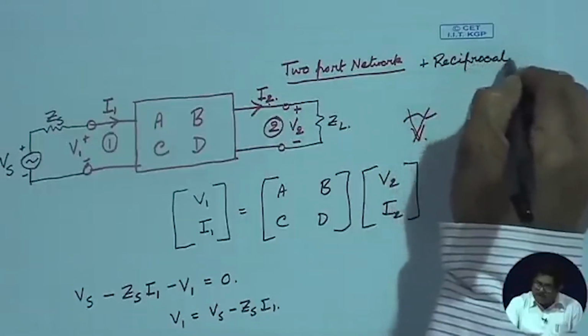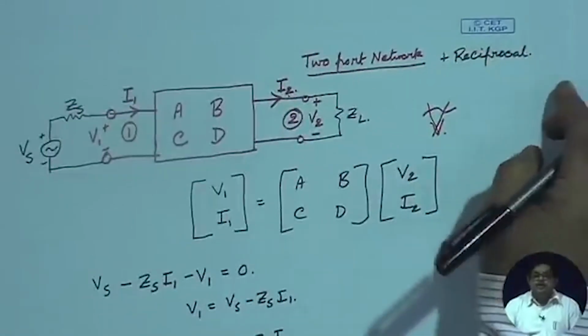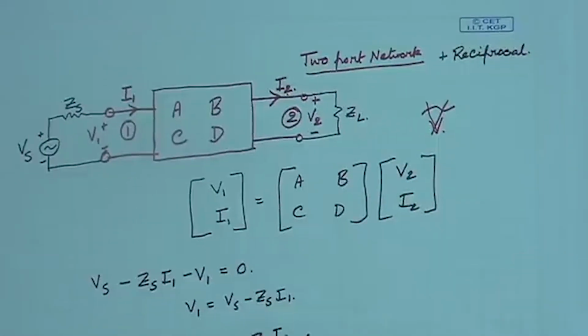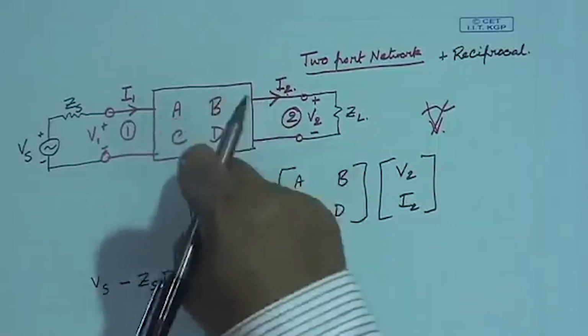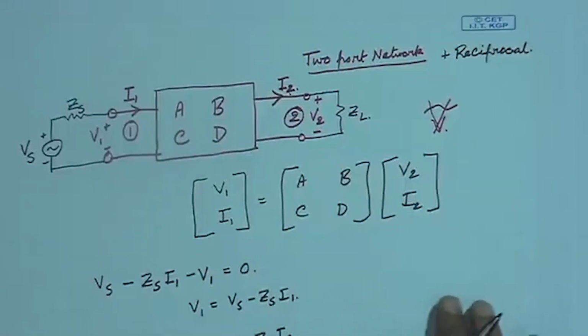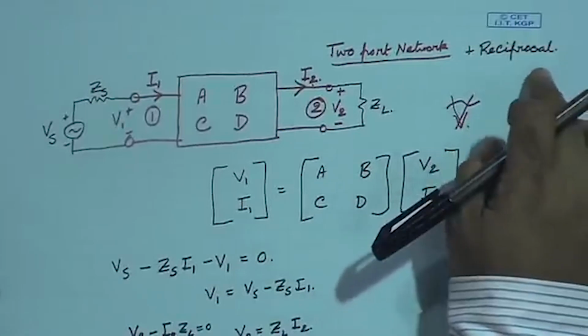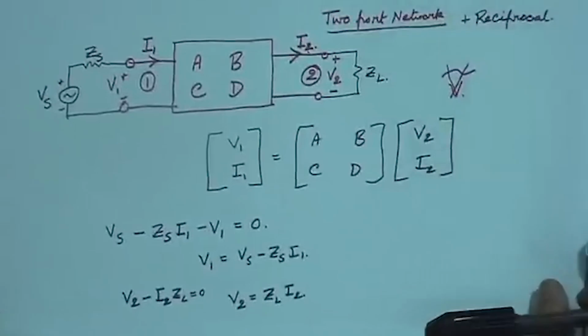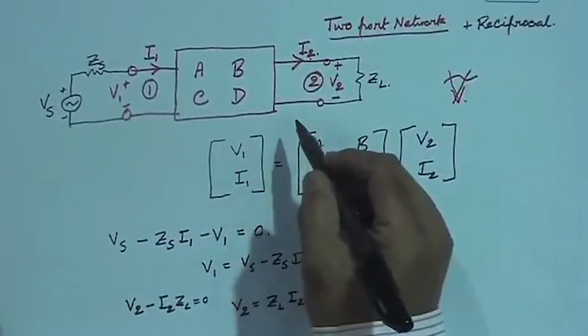Now, I will see what this reciprocity demands from this network, that means ABCD, what is the condition that is imposed if I use reciprocity. So, what is reciprocity?